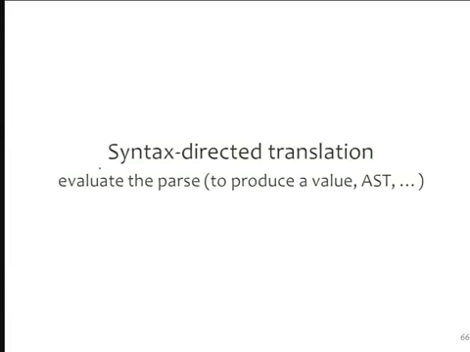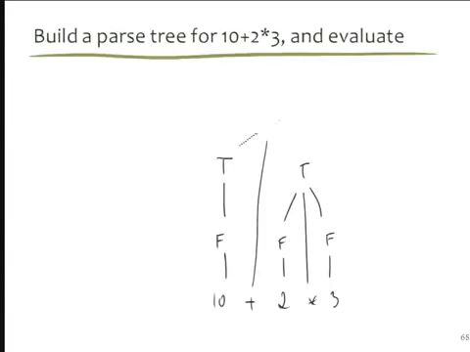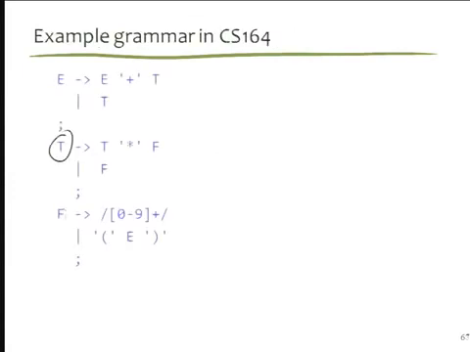And now we get an E, okay? This is our parse tree. This is the grammar that is not ambiguous. It uses extra non-terminals, T for term and F for factor, to make sure that we get the right precedence and associativity. So this is indeed the tree that we want.